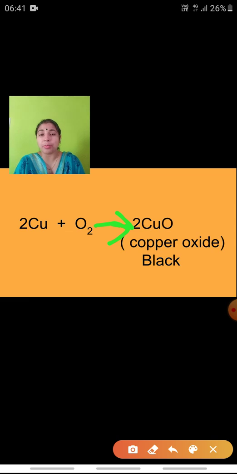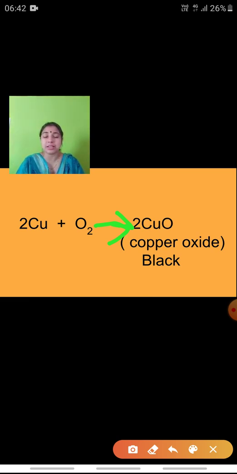Now, this copper many a times comes in contact with oxygen and converts into copper oxide. This copper oxide is black in color. That means the reddish brown colored copper converts into black colored copper oxide.